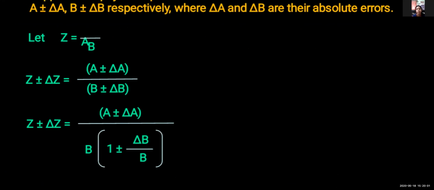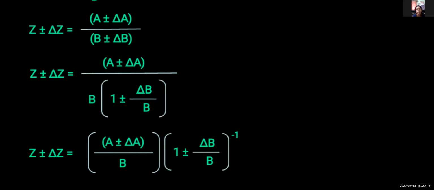Or it can be written Z plus delta Z equal to A plus delta A upon B in bracket 1 plus minus delta B upon B. We can write the above equation Z plus delta Z equal to A plus delta A upon B into 1 plus minus delta B upon B raised to power minus 1.